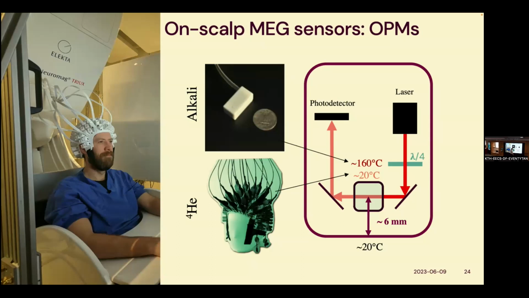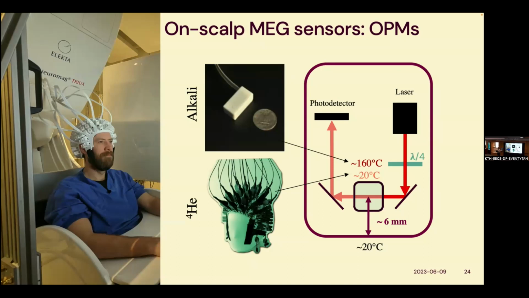It's usually either alkali metals or helium. And then you polarize the atoms in there with a circularly polarized laser and bring them to a state. So this is the pumping. You pump them into a state where the spins are all aligned and then become sensitive to the magnetic field.